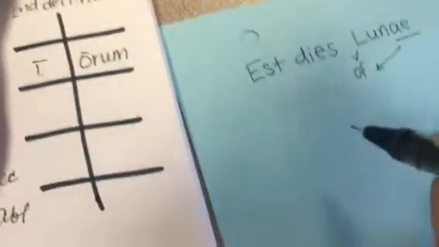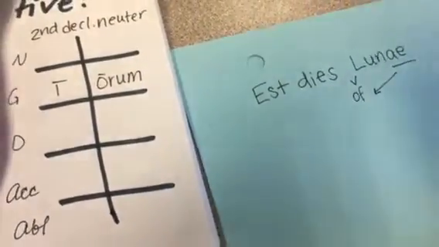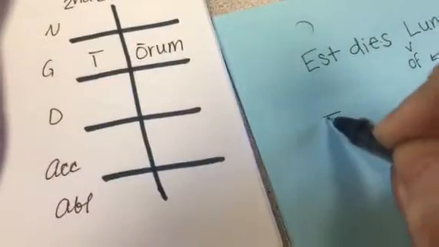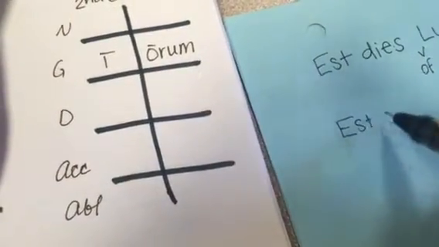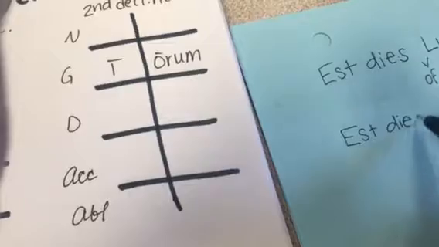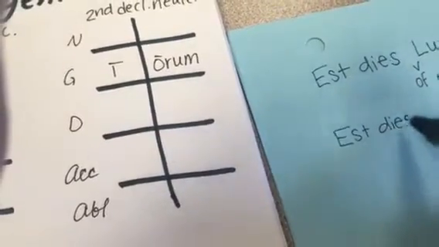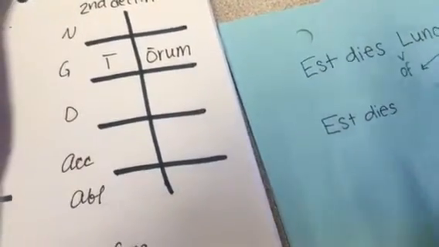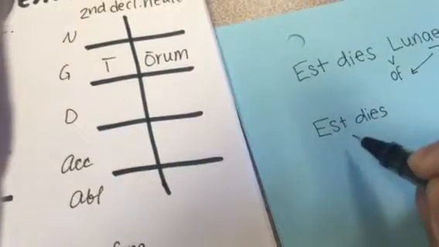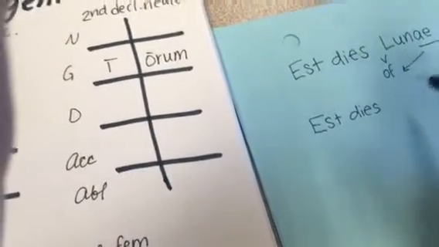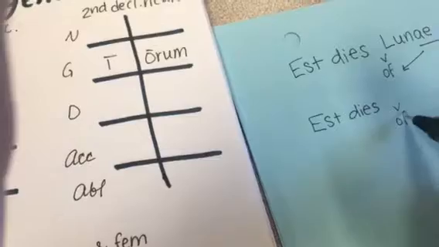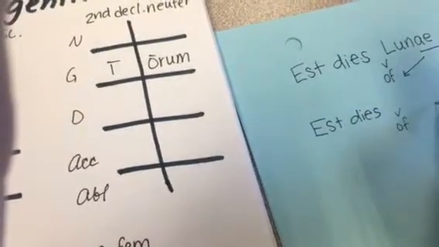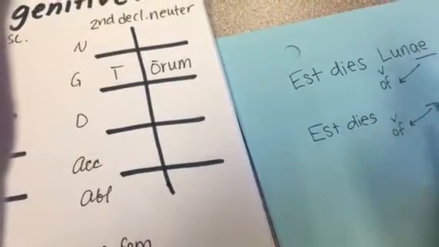If we wanted to say, it's the day instead of the god Mars, which is how you say Tuesday, you'd say est dies. Here's our nominative ending, because nominative, the word day is doing the existing. It's singular, so we have est. It is the day. And if we want to have of in English before a word, we're going to need to make sure we have a genitive ending.